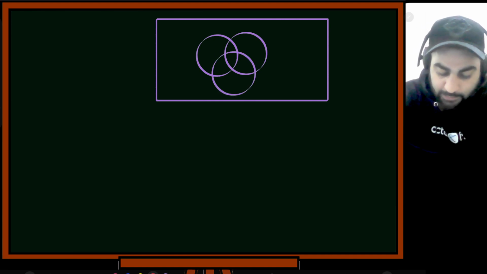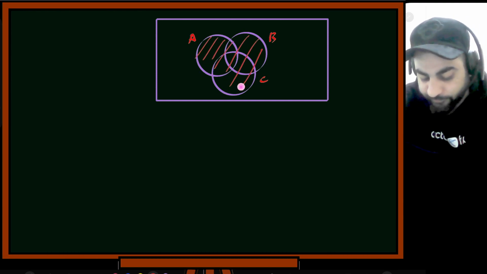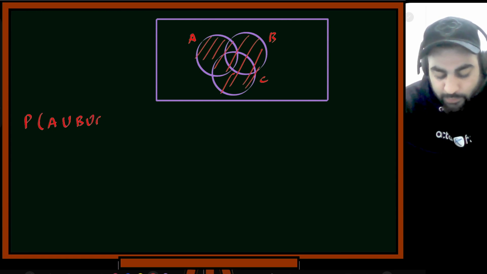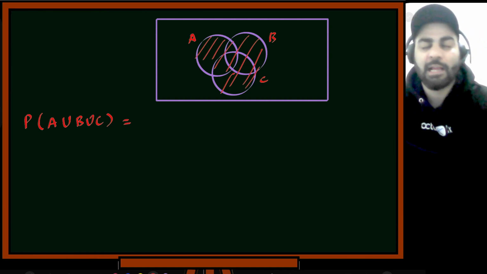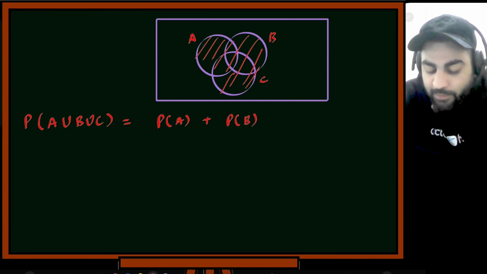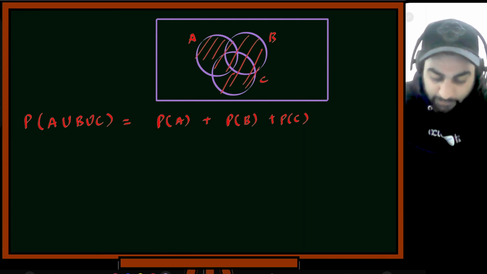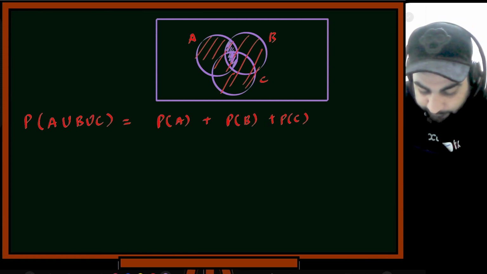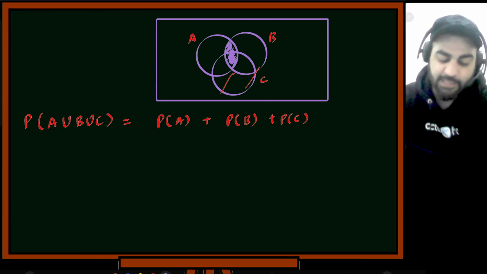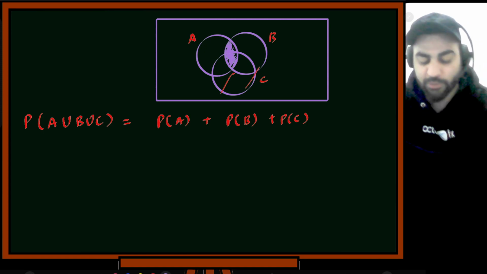Now this is A, this is our B, and this is our C. The thing that I want to compute is this, probability of A union B union C. Initially, I add all the probabilities: probability of A plus probability of B plus probability of C. Now if you see this portion, this is A intersection B. Just remove the C for now.